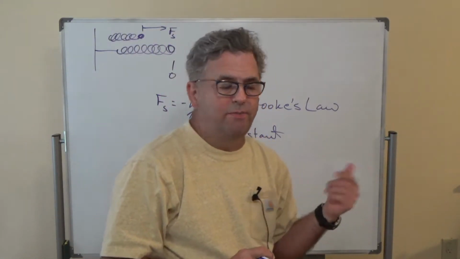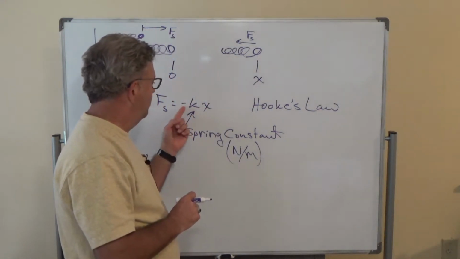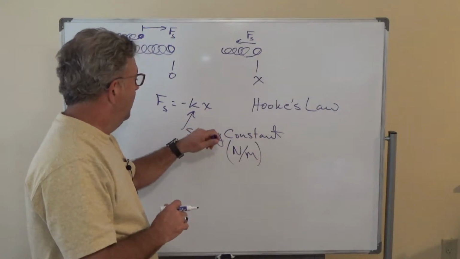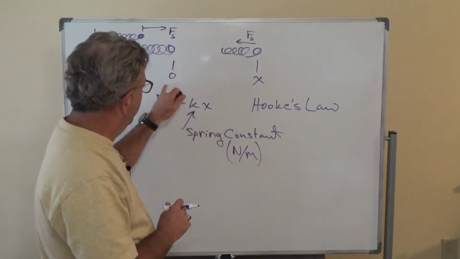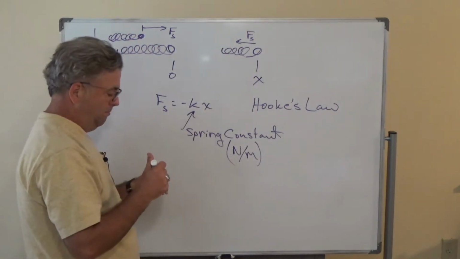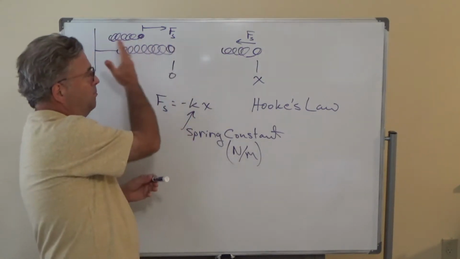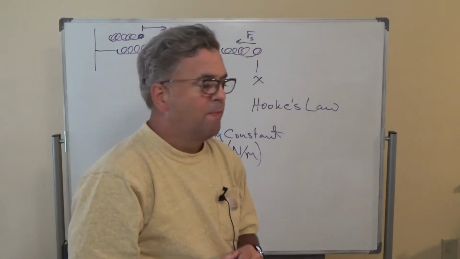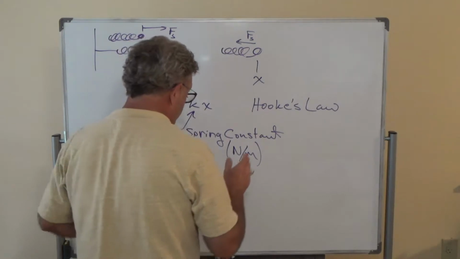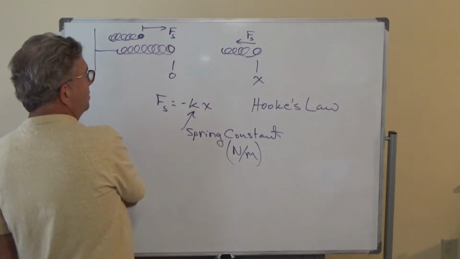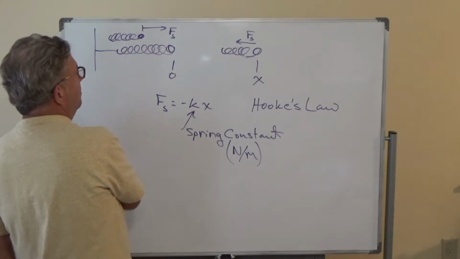That negative gives us the direction of the spring force. And by knowing whether x is positive or negative, we can figure out the direction, whether the spring is compressed or stretched. Okay? So let's look at the work done by the spring. Any questions on this?